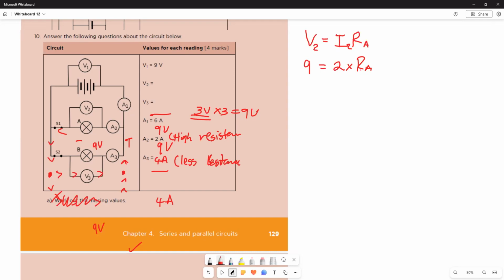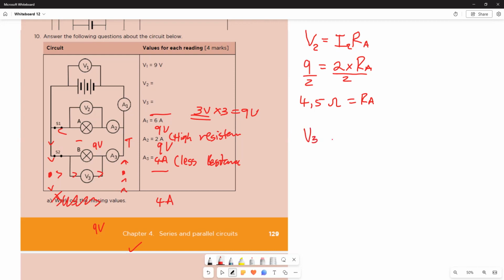To get the R on A by itself, we're going to divide by 2 both sides. Then this gives us 4.5 ohms, which is the resistance on light bulb A, right? Perfect.